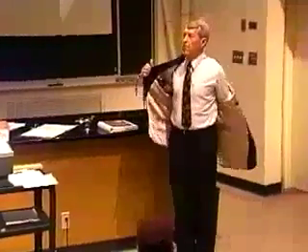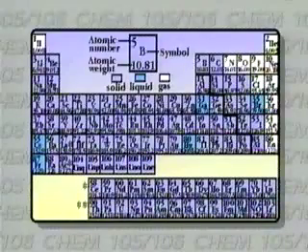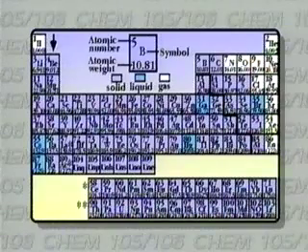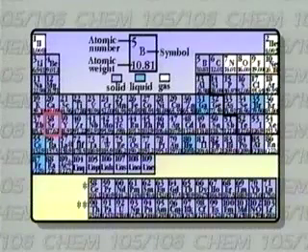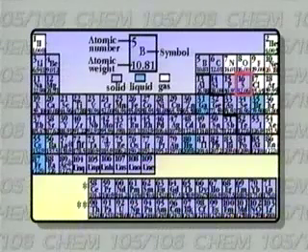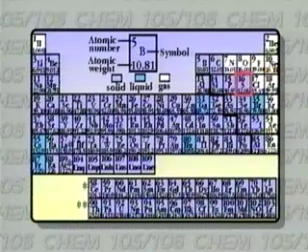Let's look at another example. Let's take an element out of the second column, under the 2A in the chart, and let's use strontium. Strontium has 2 valence electrons. Let's combine it with the nonmetal sulfur, which is under the 6th column, so it has 6 valence electrons.